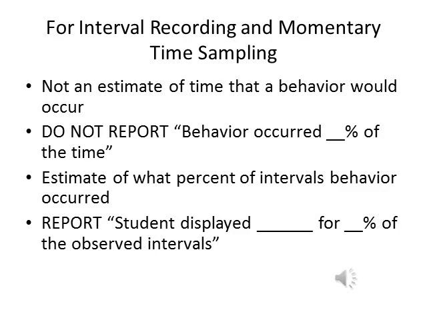One issue about reporting interval and momentary time sampling is that we don't report that behavior occurred some percent of the time, because we're not measuring the actual duration. Under many conditions, we're not even able to accurately estimate duration. We're simply going to have to report, this is the last statement, that the student displayed, and you would say, the percent of intervals that the behavior was present.